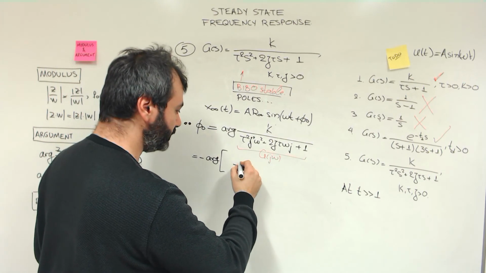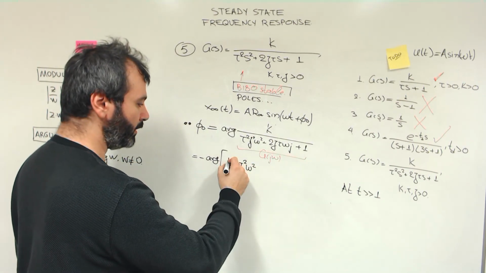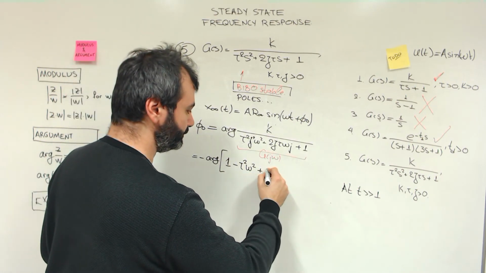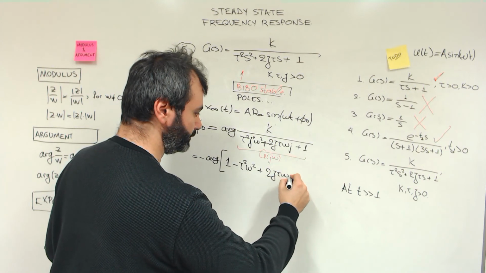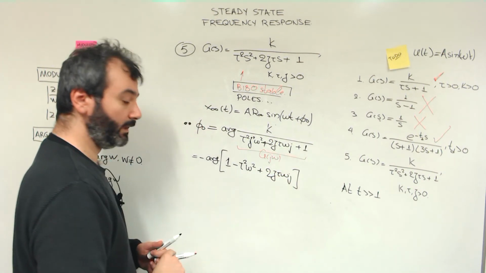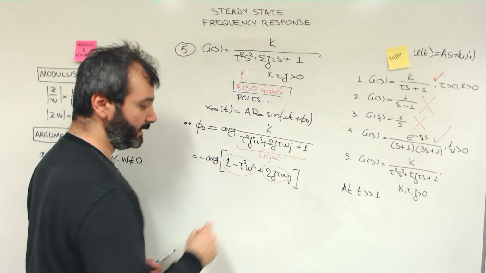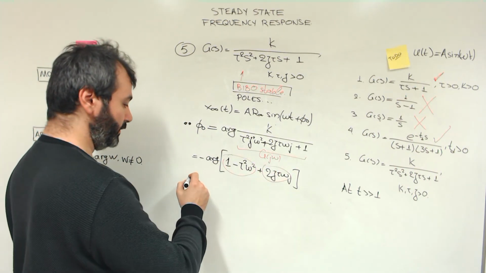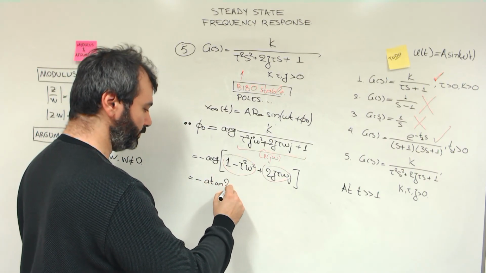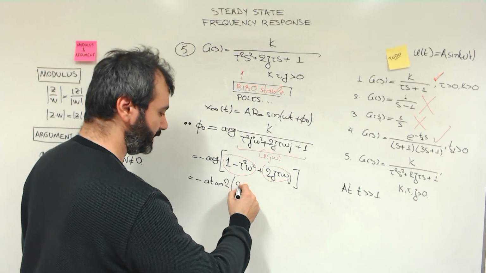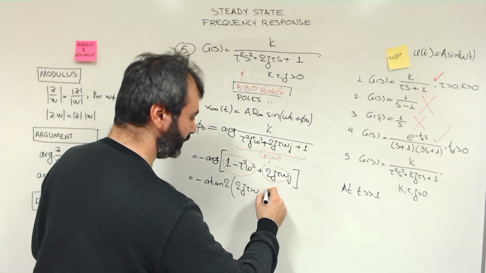So this is minus tau squared omega squared. I will write 1 here. And that's exactly the same as before. That's the real part, and this is the imaginary part. So this is minus a tan 2 of, first comes the imaginary part, and second comes the real part.